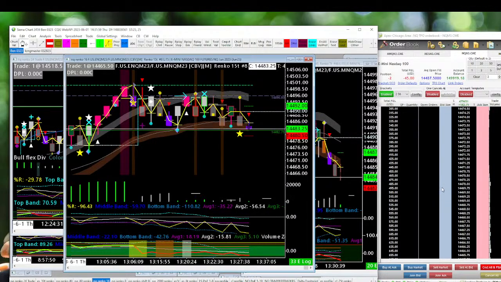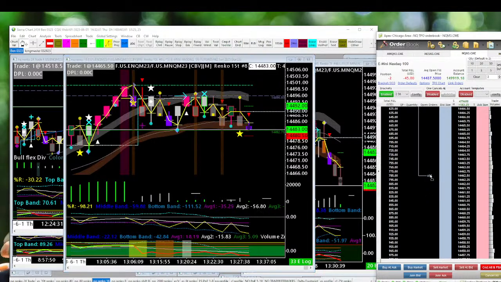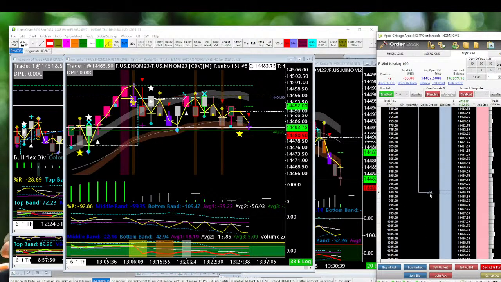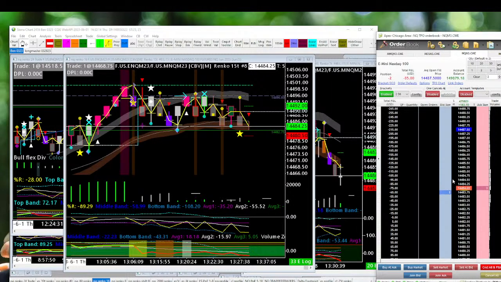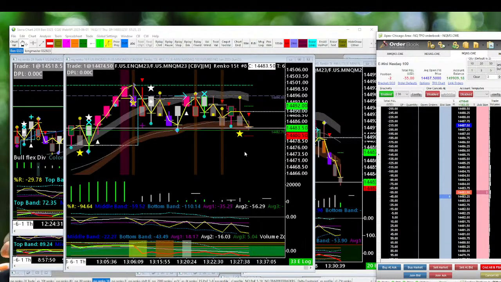Now, when it does work, I'm happy to hold the runner because sometimes you do get a pretty big flush, but that's the exception, not the rule. So you want to be prepared for a bounce. And really, I want to see some speed come in here. I want to see them pile on to the selling.